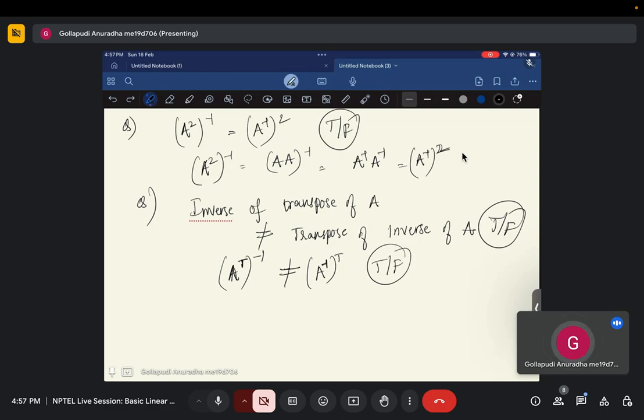Okay, so A times A inverse is the identity matrix. We know that. Now I'm taking the transpose on both sides. The transpose of I is again I only. Now the transpose of AB is B transpose A transpose, right? So I'm writing this as A inverse transpose times A transpose is equal to I. It's true.